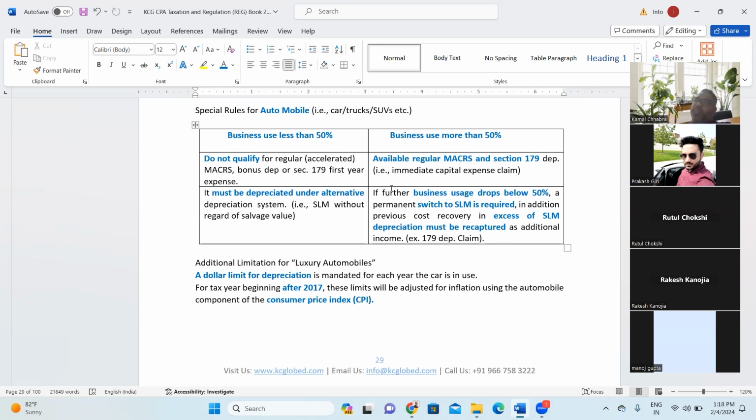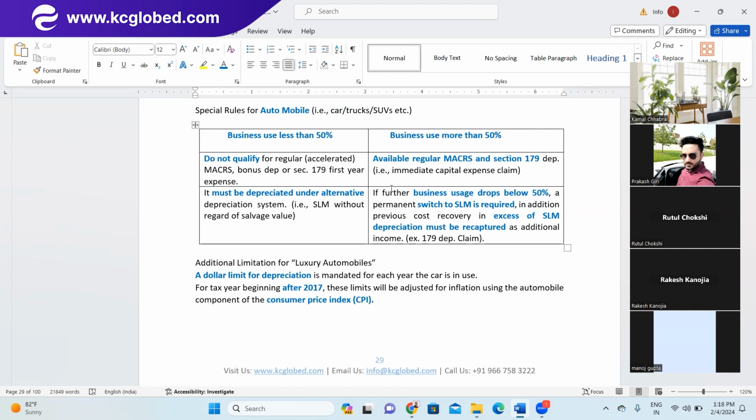Whereas if you are using a personal asset for more than 50% as a business asset, in that scenario, additional depreciation and bonus depreciation is allowed. So regular MACRS and section 179 depreciation, an immediate capital expense claim, can be made.